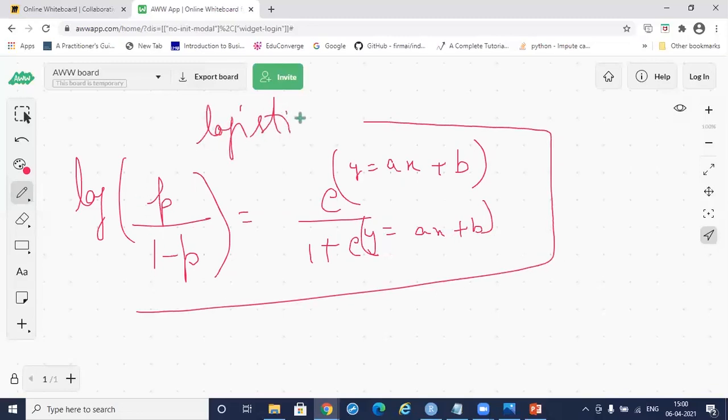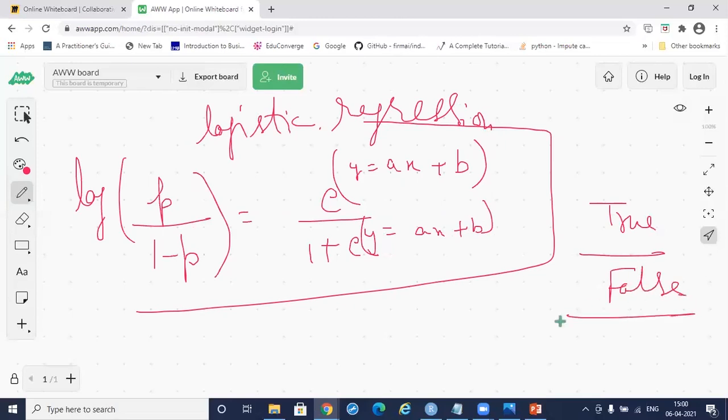This is working behind the logistic regression algorithm, which is used whenever we have data in the form of only true and false conditions. So remember, whenever we do linear regression, we are dealing with continuous values, every time continuous values.